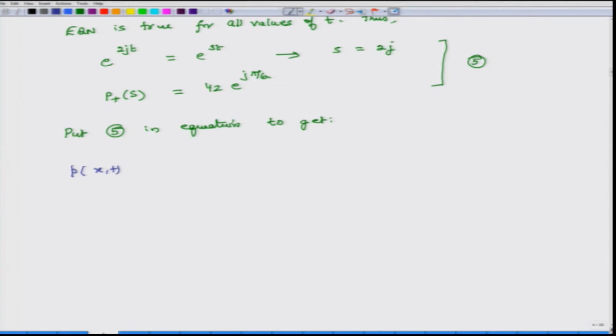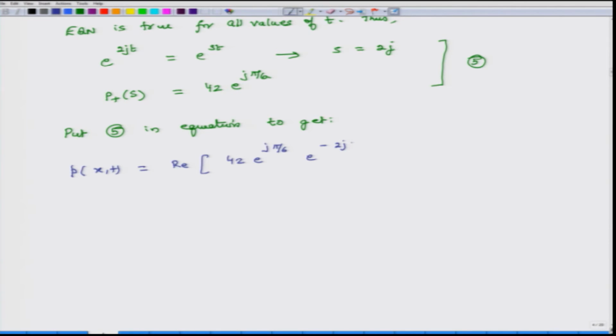So, actual pressure in the tube at any location x and at any time t is equal to real of P plus of s, which is 42 e to the power of j pi over 6 times e to the power of minus s x over c, and s is 2 j.